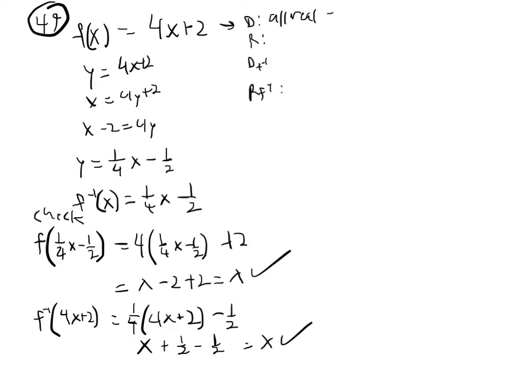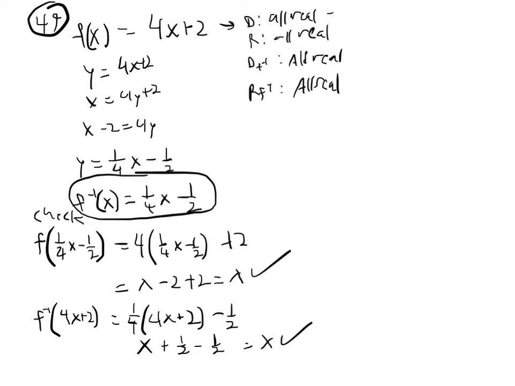Because this is all real, we know that this is all real. They match. Then we look at our inverse function. No square roots, no dividing by 0, so it should be all real. So the range of the original function is also all real.